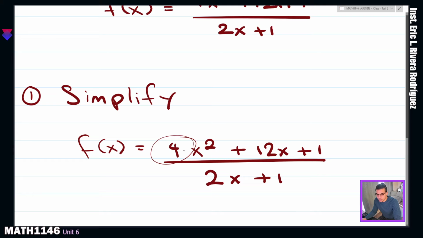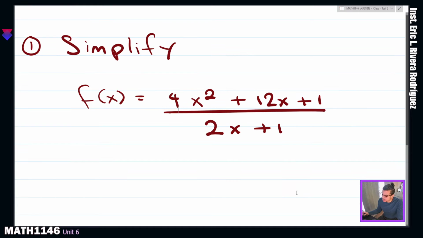I think in the majority of cases when the leading coefficient is not equal to 1 in a quadratic equation, it won't be possible to do the FOIL factorization, or find the factorization of the quadratic equation by the method that we know. So you are seeing this leading coefficient here, and that is going to be a flag. Well, this might not be possible to factor. That is the case for this exercise.